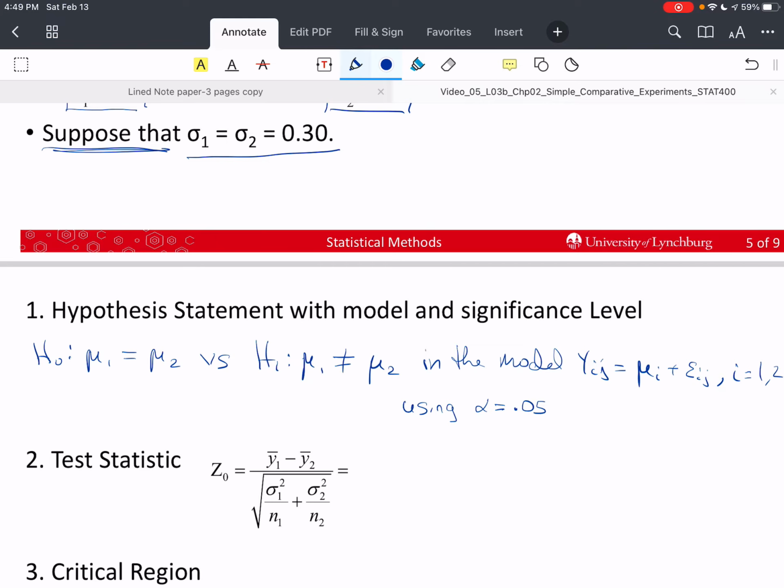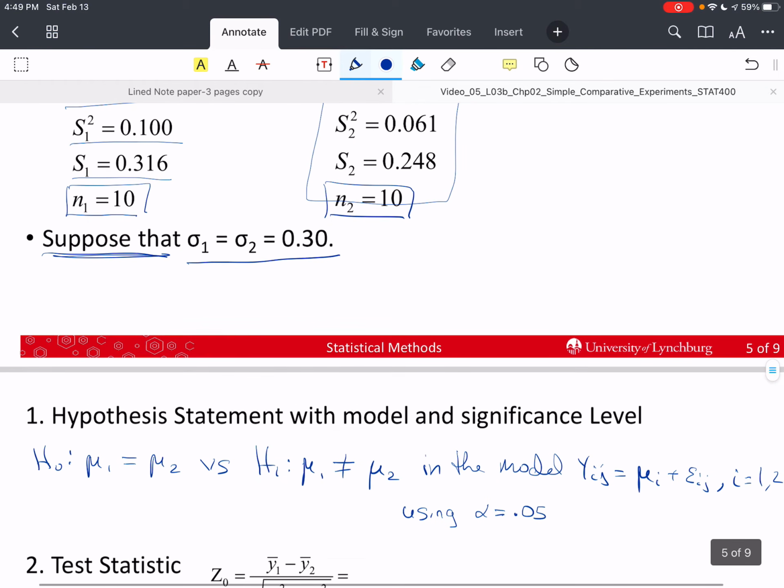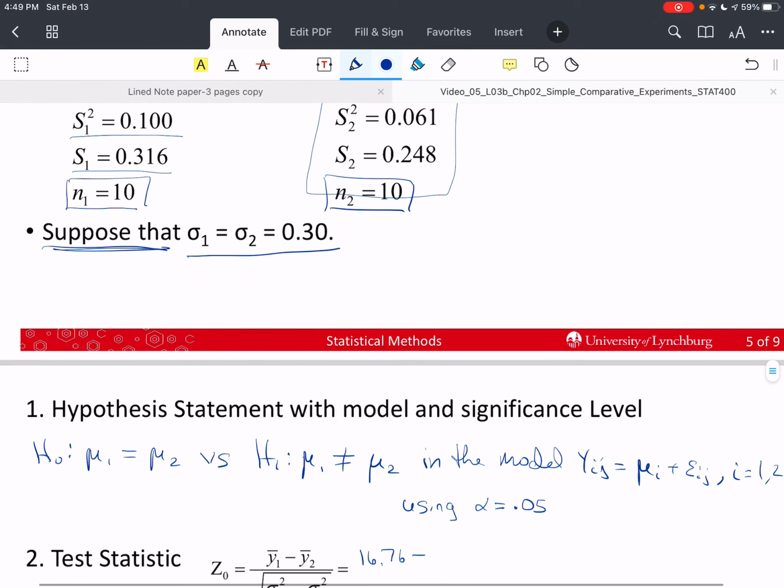Now the test statistic, because we are saying that we know the variances, we're going to use z sub naught. Even though n is small, it's 10, we're saying we know sigma 1 and sigma 2. So we need to plug in. We're going to take y1 bar, which is 16.76, minus y2 bar, which is 17.04.